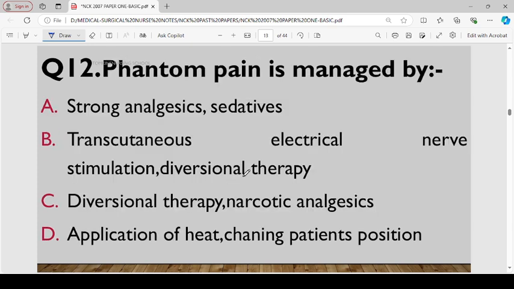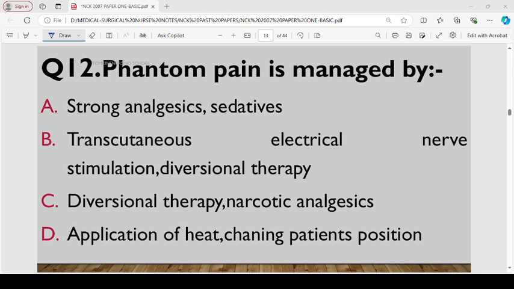Right, next. Phantom pain is managed by, we have nurse A to D. We have a minute. If you go by nurse A, you know, sedatives are not a standard treatment for phantom pain, right? And if you look at option C, diversional therapy and narcotic analgesics, right?